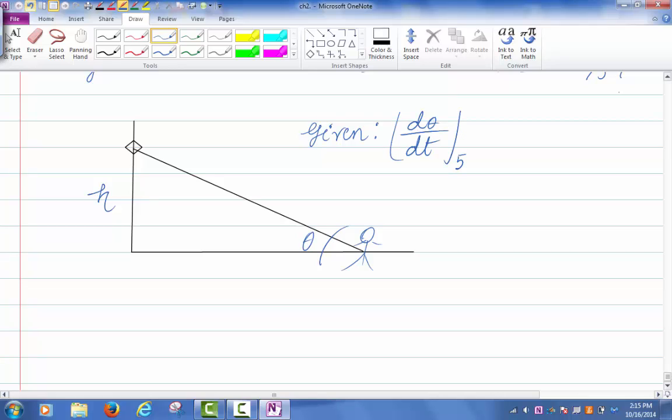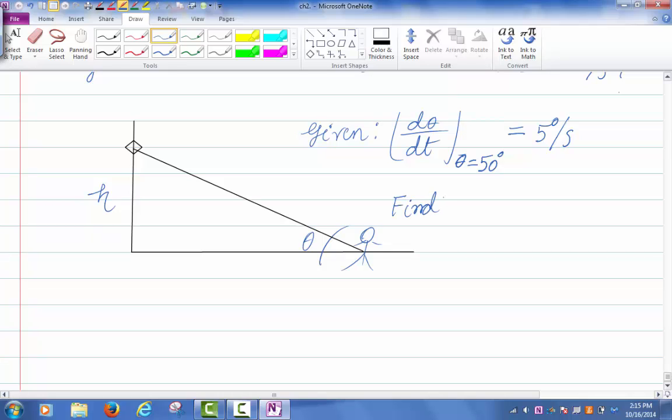At the moment when theta is 50 degrees, right at that moment, the rate of theta is 5 degrees per second. And what do we have to find?